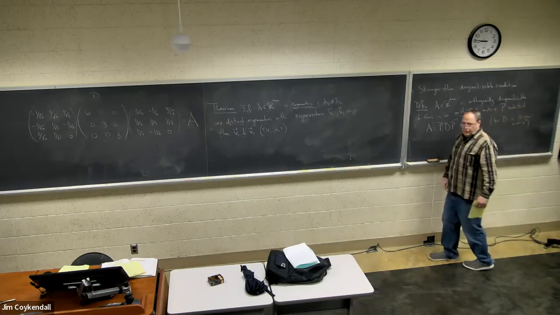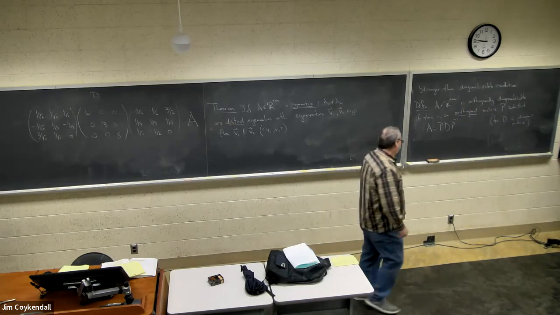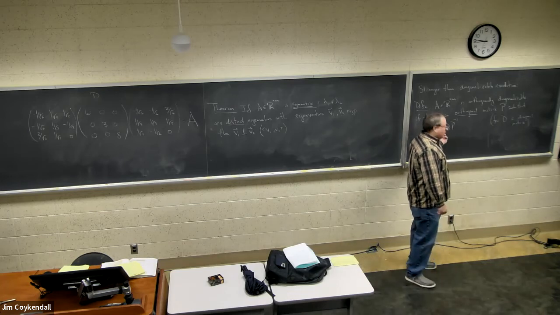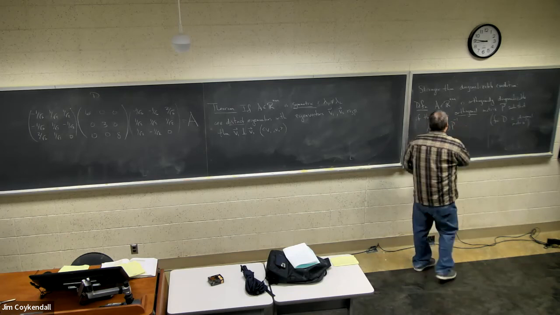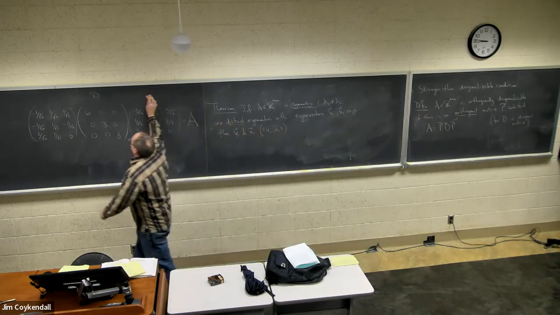So in other words, diagonalizable means P is invertible, so you can do this with an invertible matrix. Orthogonally diagonalizable means you can do this with an orthogonal matrix, that is, one with orthogonal columns.